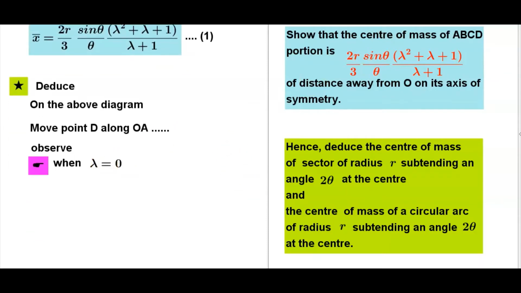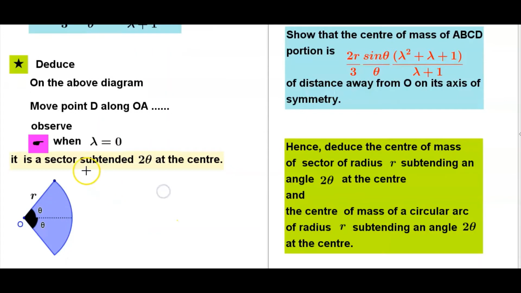So when lambda is equal to 0, it is a sector subtending 2 theta at the center.